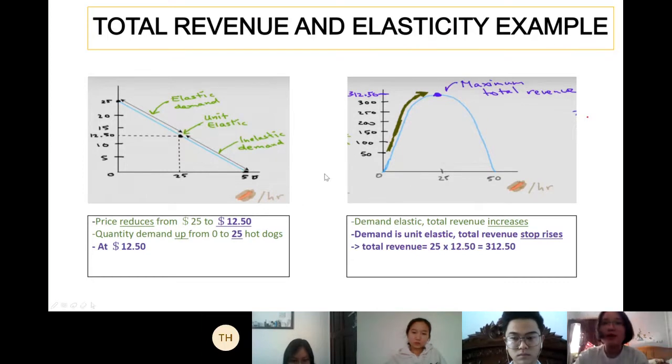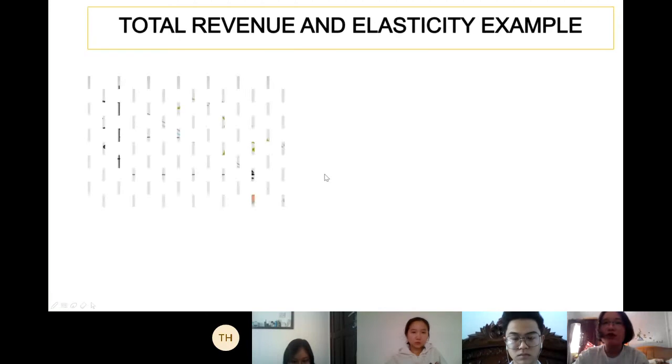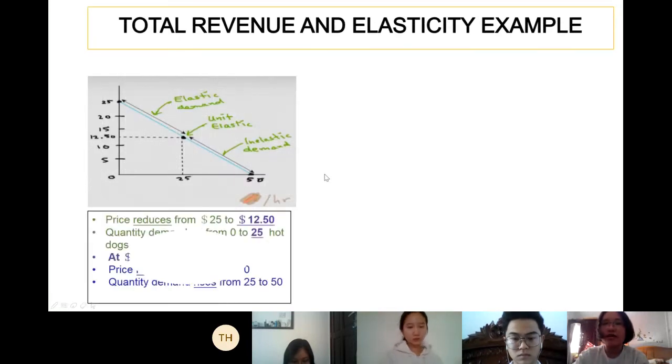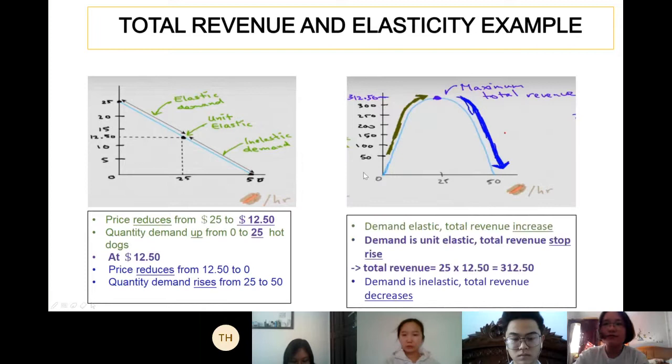And now for the last part, we'll focus on the right side of the second graph. Let's say that the price fell from 12.5 to 0, and in this case our quantity demanded increases from 25 to 50, and this demand is inelastic and the total revenue decreases.